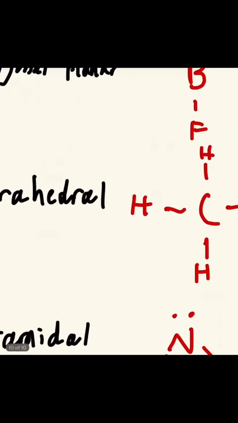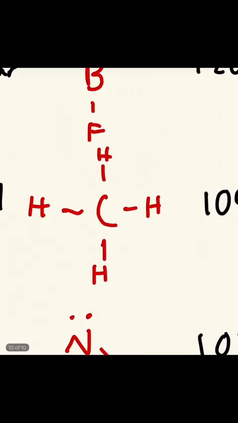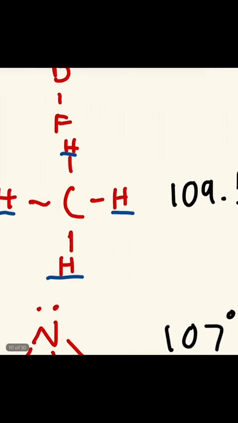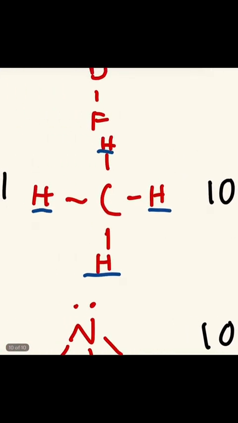Tetrahedral. Tetra means 4. So we have 4 hydrogens bonded around this carbon atom. Okay. And the angle between is 109.5 degrees. So this angle is 109.5 degrees.